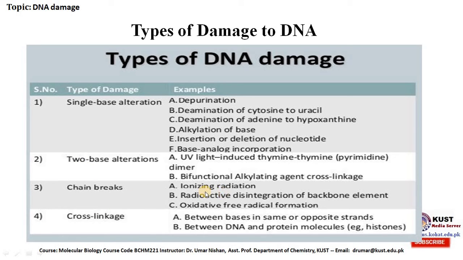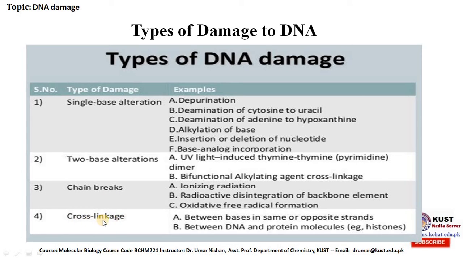Examples of these are ionizing radiation, which can cause chain breaks, radioactive disintegration of backbone elements, which can cause chain breaks, and oxidative free radical formation, which can be involved in chain breaks. So these are the different examples of how DNA damage can occur.